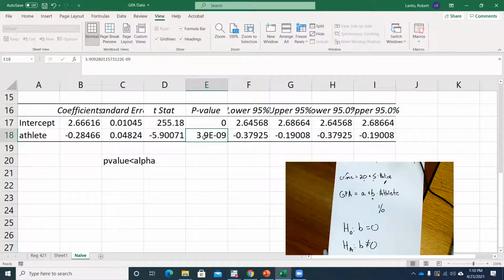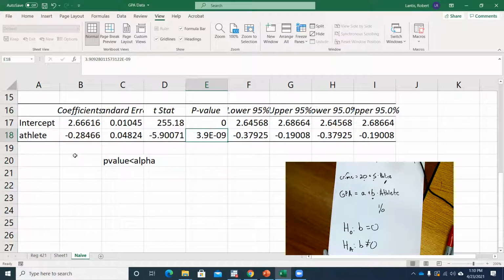Right? But here, I found a p-value that's less than alpha, so I can reject this. So if I'm rejecting the null, that means I'm rejecting that there's no relationship. I found evidence that there is a significant relationship, that the slope coefficient is something other than 0.